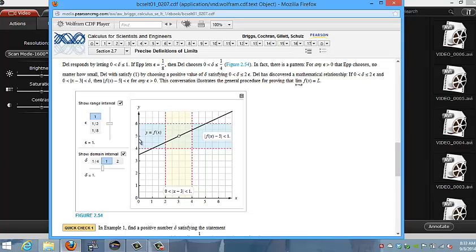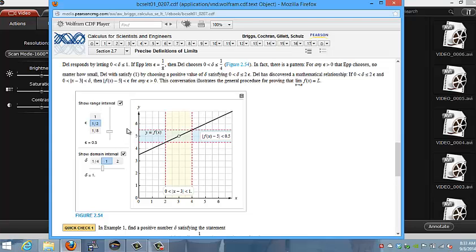Yes, we are. Now what if I pick a different epsilon? If I make epsilon equal to 1/2, are all the outputs still in the range? I think so, barely, right? Looks to me like we're going from 4.5 to 5.5.